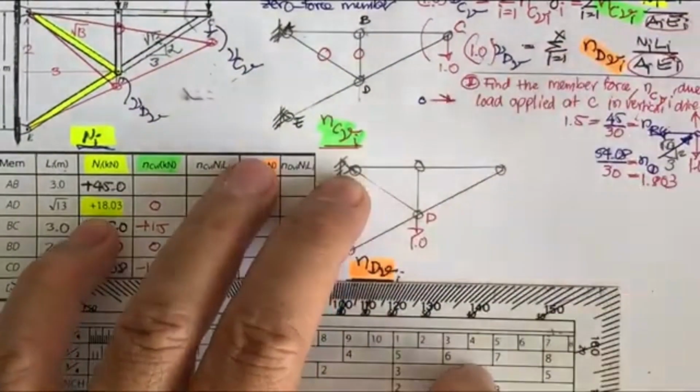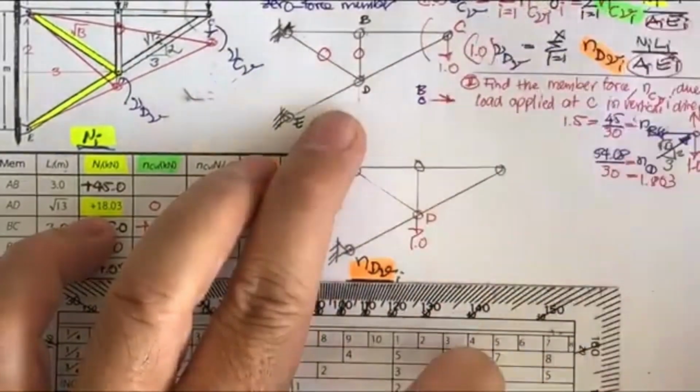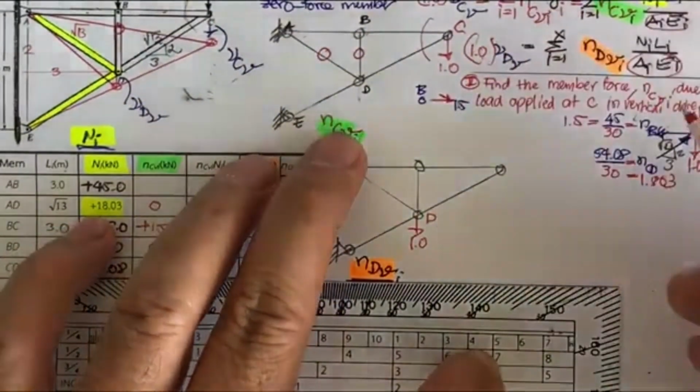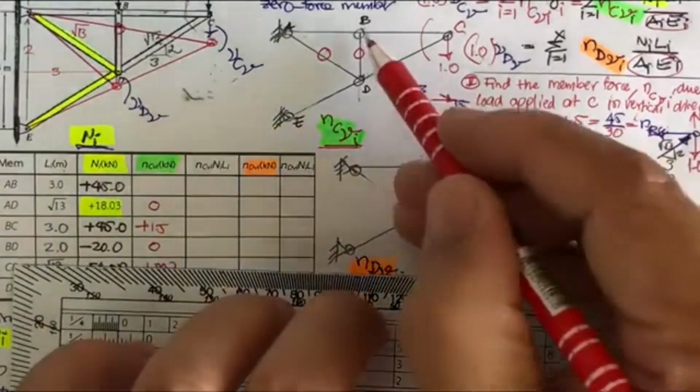So this is point B that is subjected to 1.5 force here, 1.5.